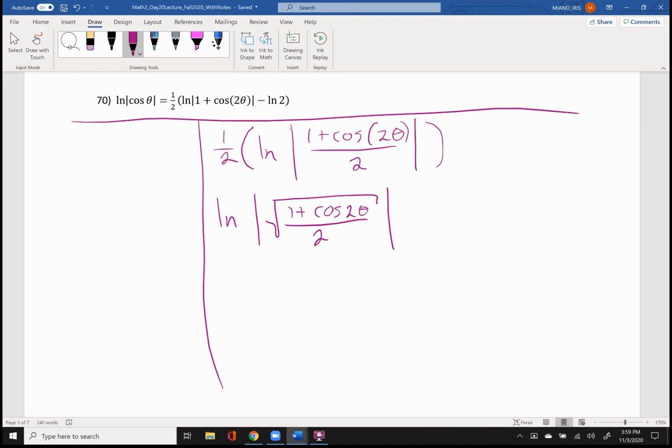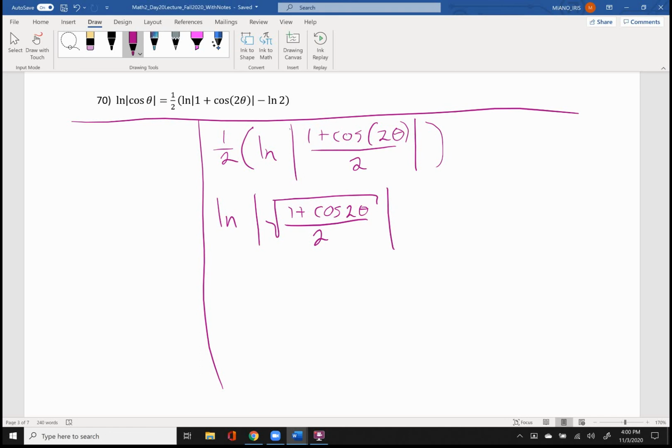Okay, and then this 1 plus cosine 2 theta over 2, believe it or not, that whole thing is equivalent to the cosine squared of theta. So, yeah, there's an identity for that. Indeed, cosine squared theta is equal to 1 plus cosine 2 theta over 2.